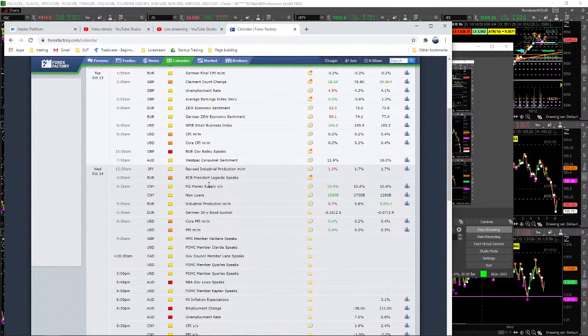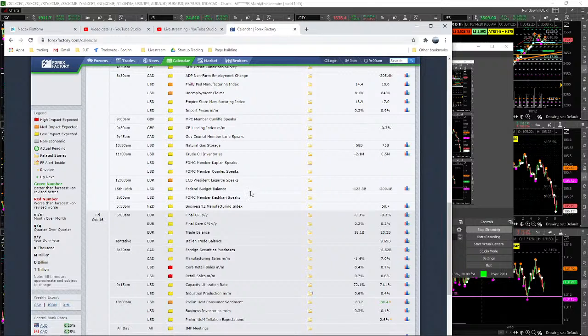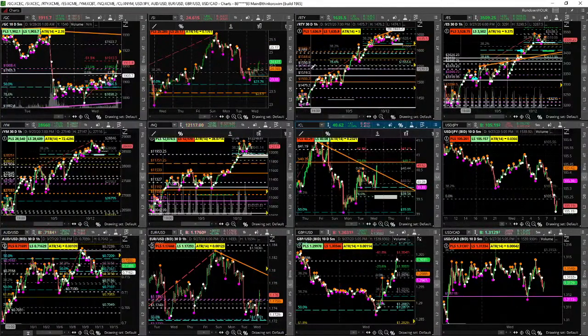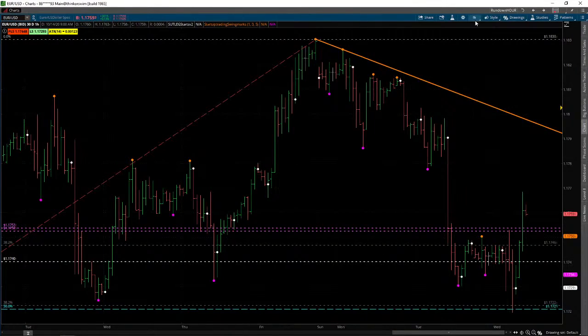Red star news events: unemployment rate and employment change for the Australian dollar, as well as RBA Governor Lowe speaking at 5:45. There's really nothing red star till Friday, when we're going to have core retail sales for the U.S. markets. All right, I'm going to start off with those two currencies I had mentioned, the euro and the pound.